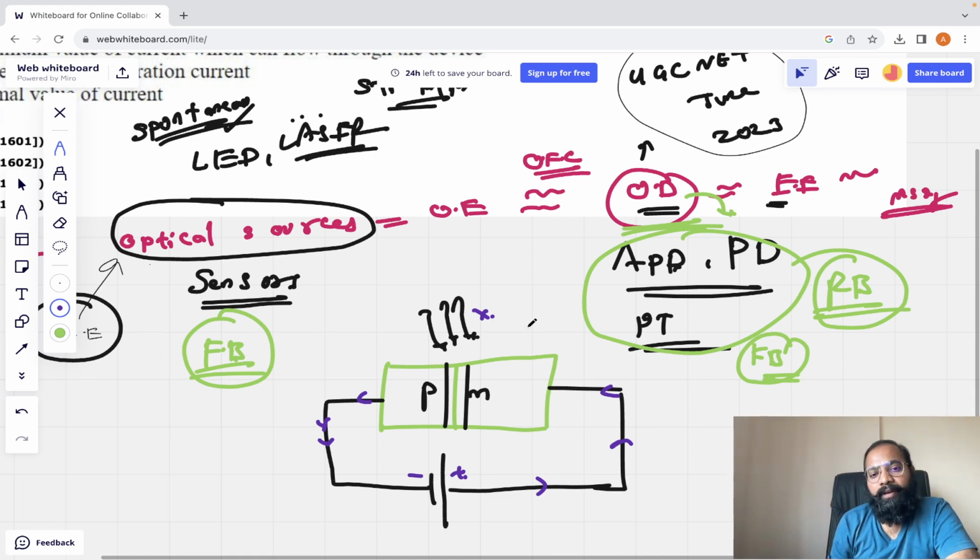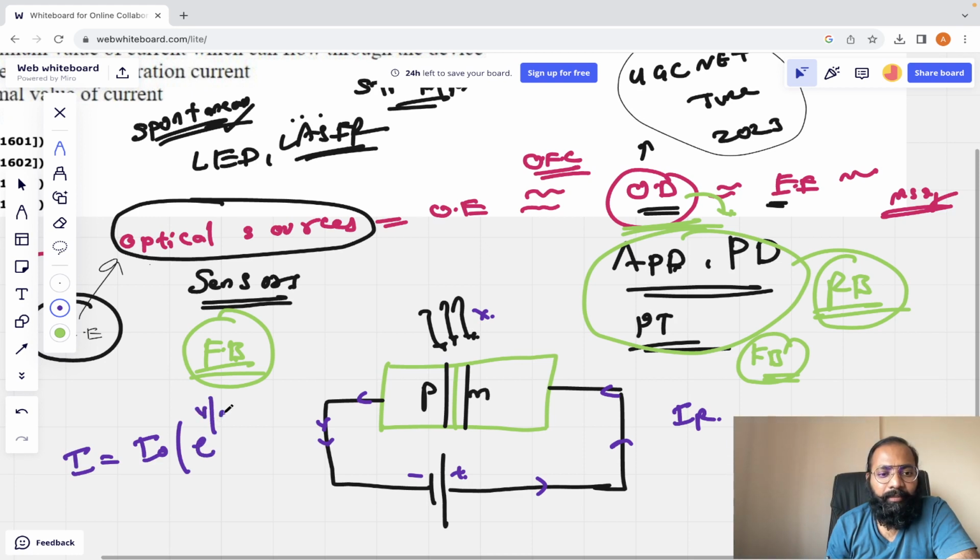Now, if no light is exposed to the photodiode, whatever current is flowing through the PN junction diode in the case of reverse biasing is called the reverse current, right? Usually, if the diode is forward biased, then the current flowing through the diode can be taken as I is equal to I naught into e power V by eta Vt minus 1.